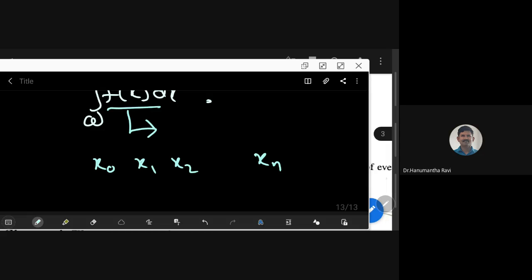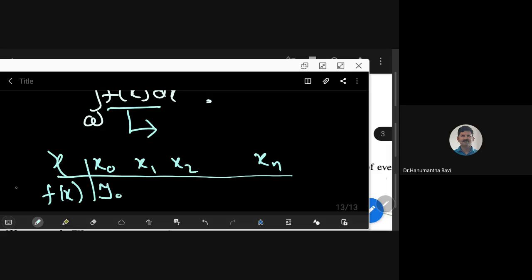Assume that the difference between any two successive xi's is fixed and it is h, so it is equally spaced data of width h. Then you have x, and f of x, which I write as y0, or I can also write f0.